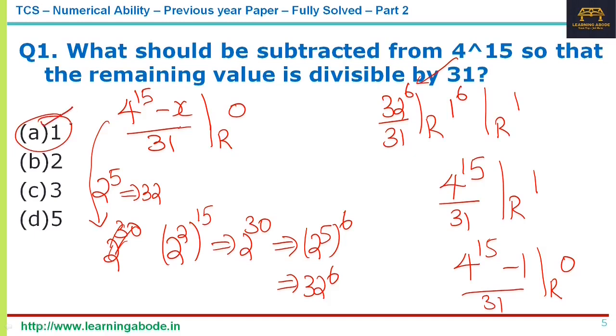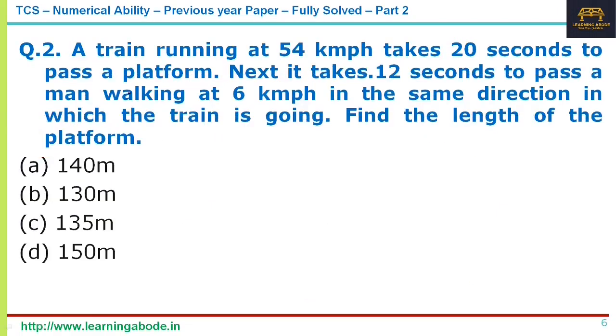Answer option A. So this is something we can do directly. The idea is you have 4, and we should bring that 4 into something closer to 31. We know 32 is 2 power 5, so 4 power 15 is 2 power 30, and then we proceed and get the answer. Answer is option A, 1, for the first question.